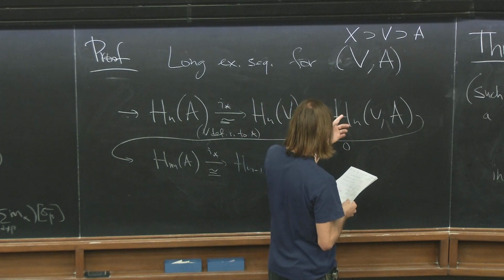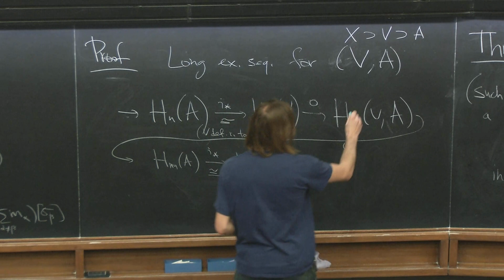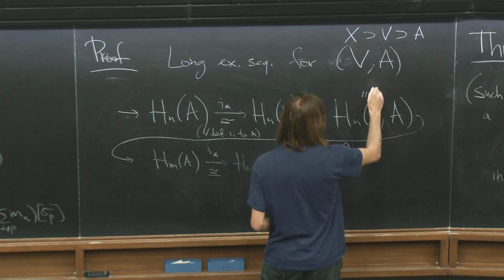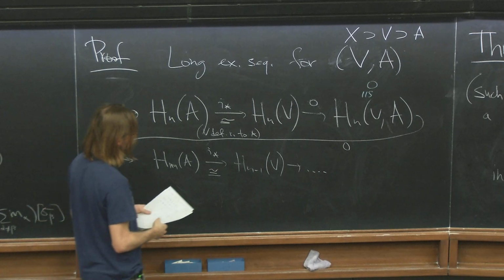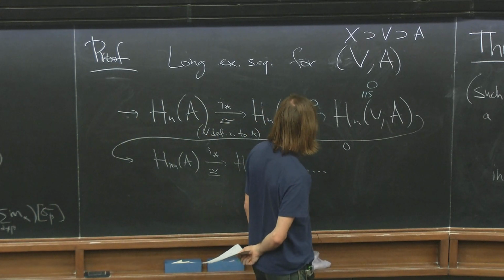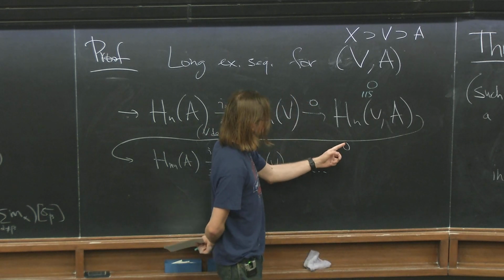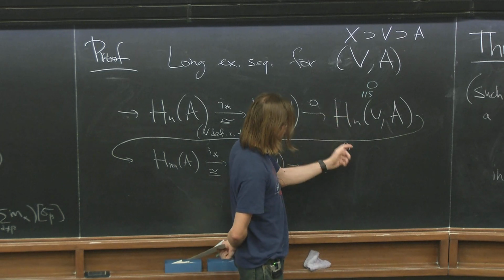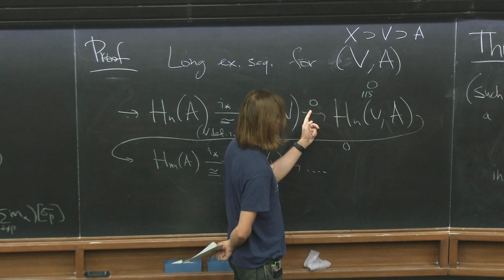And well, this implies that this space itself must be trivial, right? We know that the kernel of this map is the whole space because this is 0, but we also know the kernel should be the same as the image of the previous map.